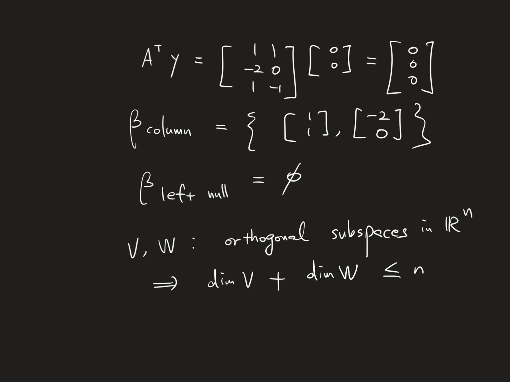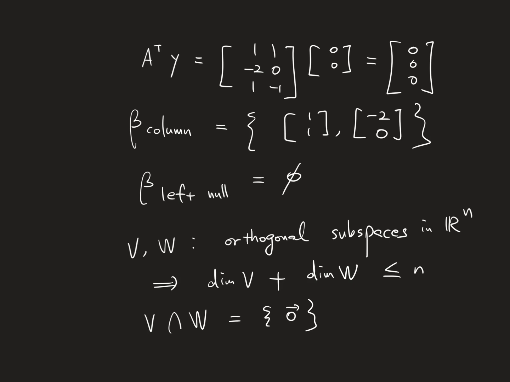And how about this one? V intersection W will be only the zero vector because they are orthogonal.